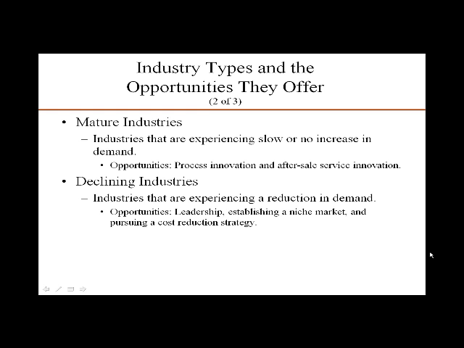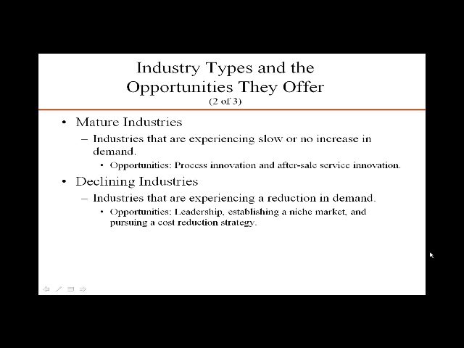Declining industries, we'll talk about a decline of a product. What happens when your product is no longer important, but maybe it's a niche market. VCRs, okay, not a big demand for them these days. In fact, trying to find one is kind of hard. But there is a niche market out there.